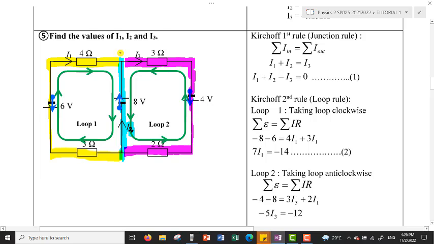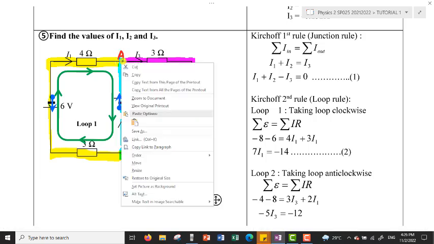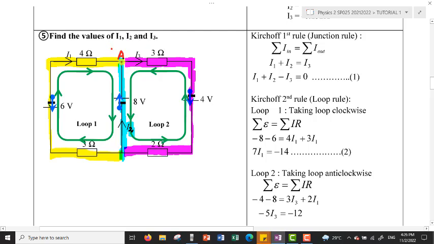Maybe we can consider this junction, which I denote as A. I find that I1 flows into the junction, same goes for I2, but I3 flows out from the junction. So I have I1 plus I2 equal to I3. I shift I3 to the left hand side, so I have I1 plus I2 minus I3 equal to 0. This will be denoted as equation 1.